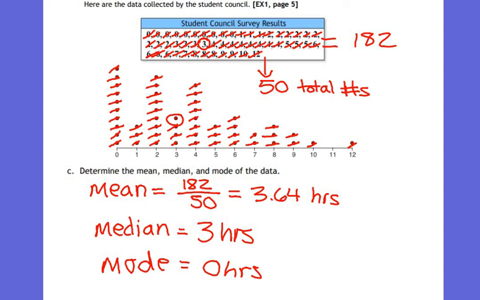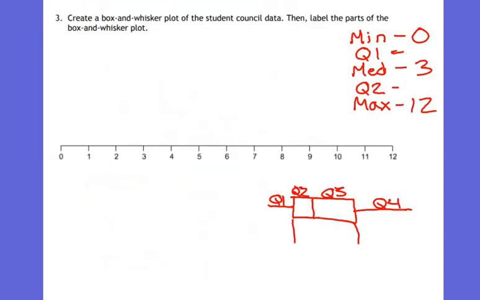I want to find the middle number of the bottom half. So I'm going to cross out until I get to the middle number of the bottom half, which is what number? 1. So my quartile 1 is 1.